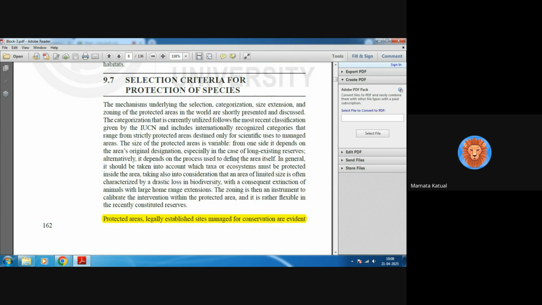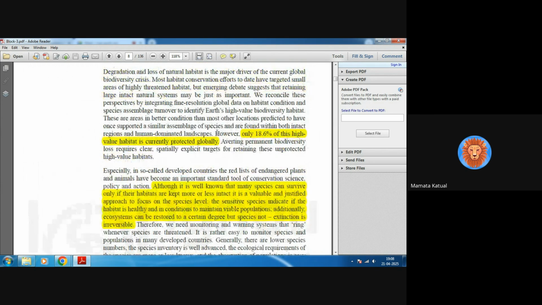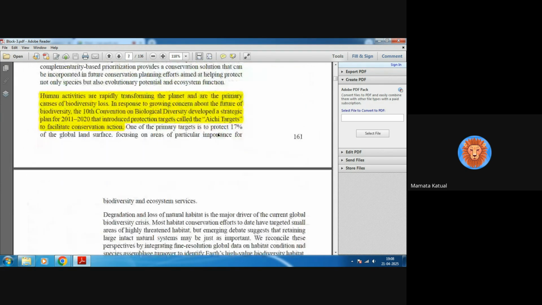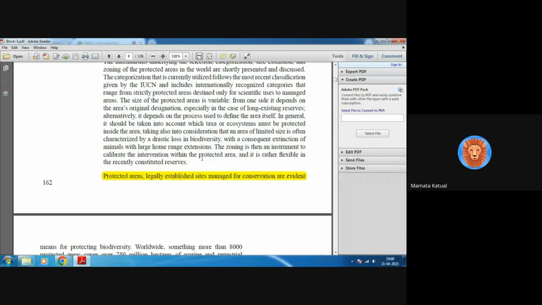So for protection of the biodiversity, we have to protect the habitats in which they live. If we protect some natural area in which the organisms live, that is known as a protected area. So the protected areas are legally established sites.